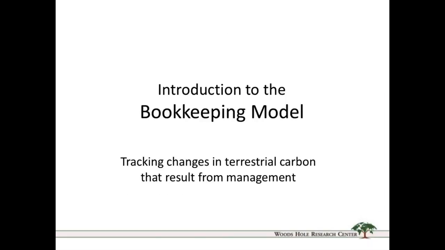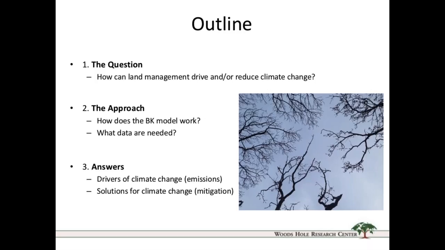I'm going to do three things. I'm mostly going to concentrate on the approach, talking about how this model works, what the data that it requires are. But I'm going to put it in the context of how land management can be used either to drive climate change by adding emissions of carbon to the atmosphere or by removing carbon.